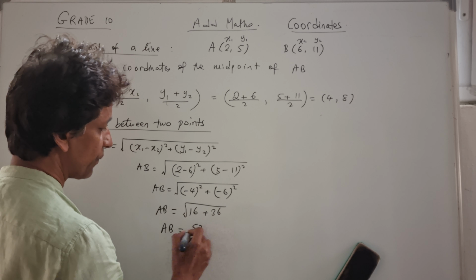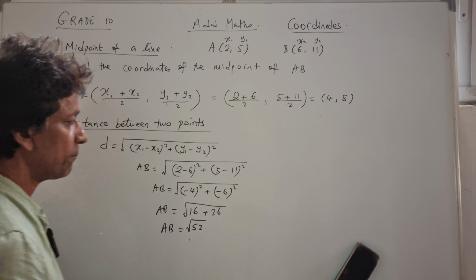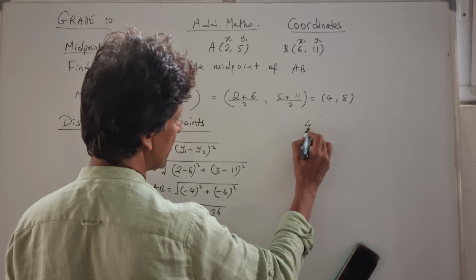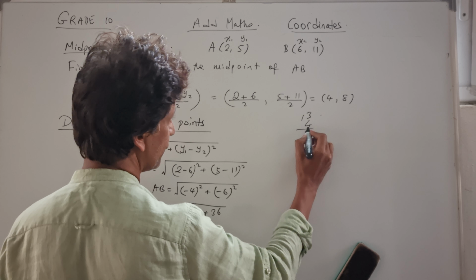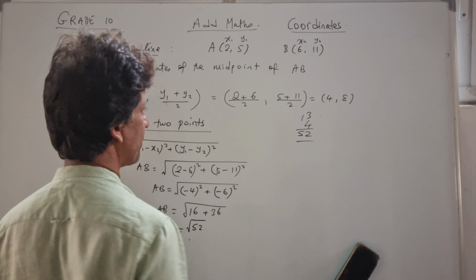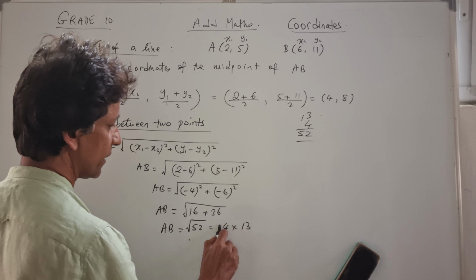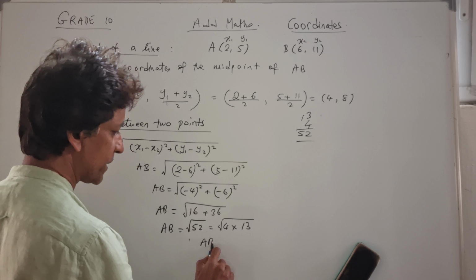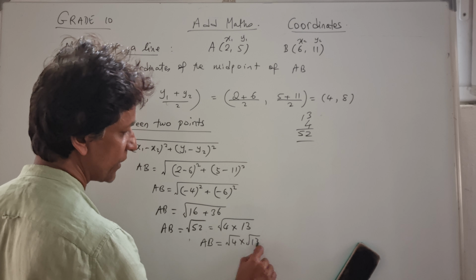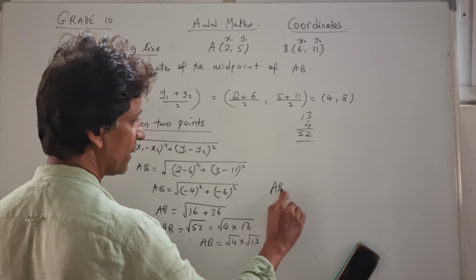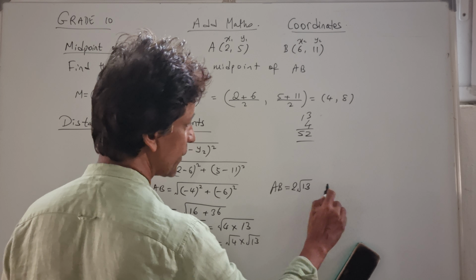It's 52. And 52 is 4 times 13. So in surd form, AB is equal to the square root of 4 times the square root of 13, and so AB turns out to be, square root of 4 is 2, so 2 root 13.